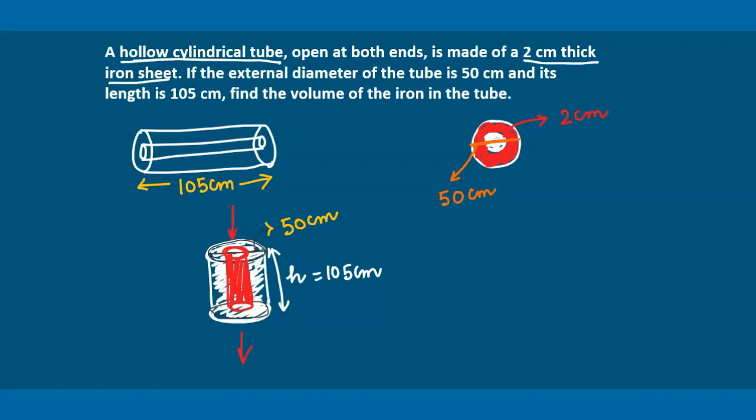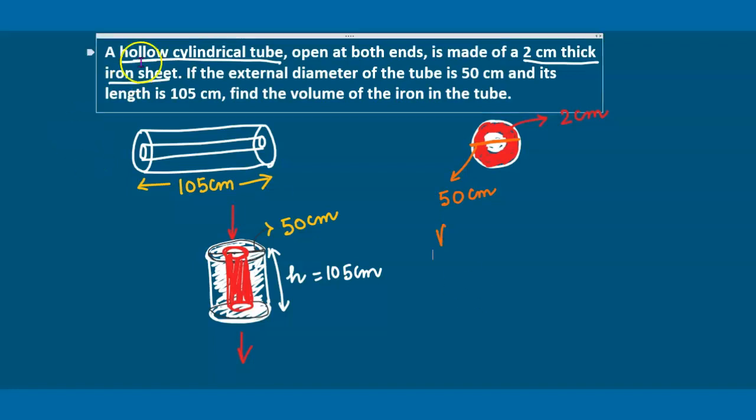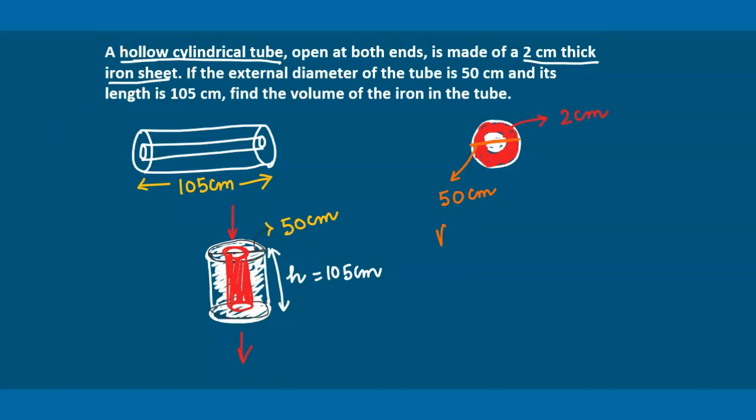So now let's try to understand that we can find out the volume of the red portion by taking the volume of the whole solid rod, that is the white cylinder, and removing the inner part. First let us find out the volume of the white cylinder.